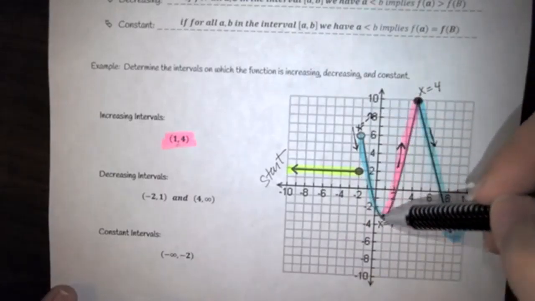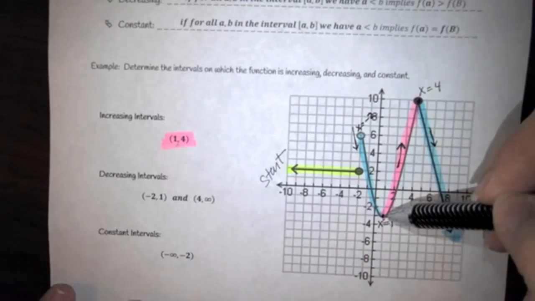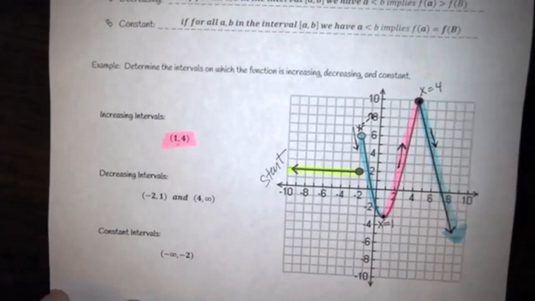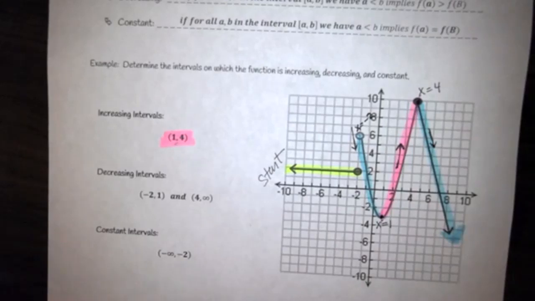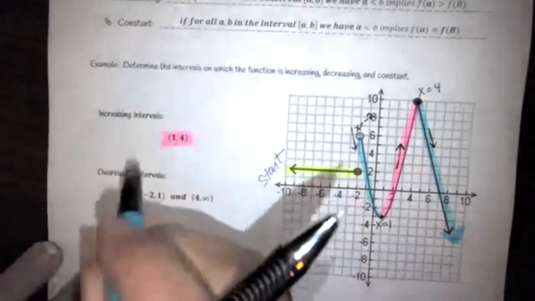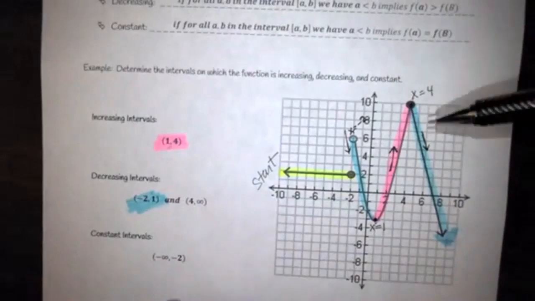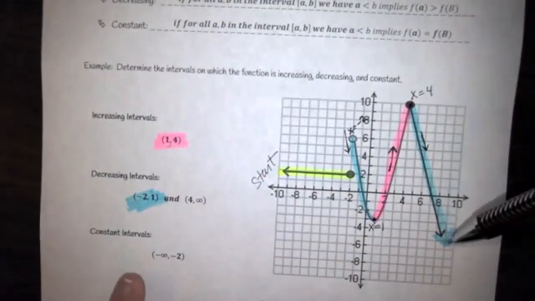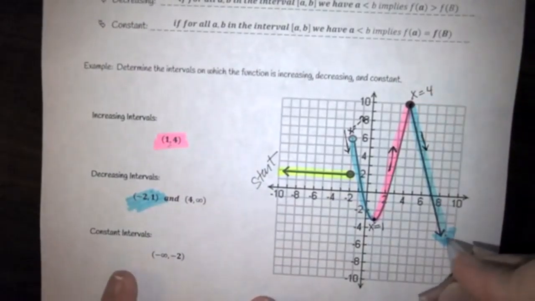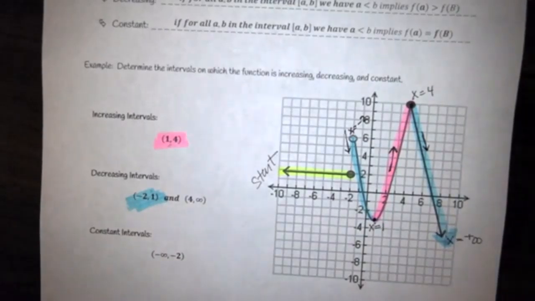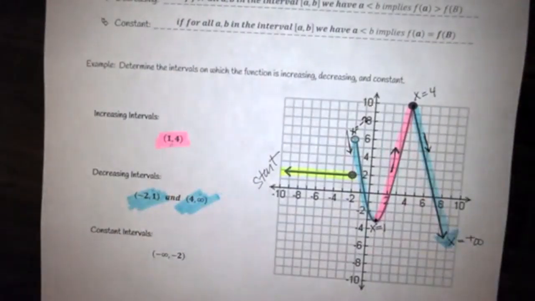Now this is going to travel, of course, down to that change of direction point, which is at 1. So my first interval of decreasing is going to be here at -2 to 1. And then my second one is going to start here at x equals 4, and the arrow down here tells us that we are looking at x being positive infinity. So that makes this my second decreasing interval. And since we have to write these as interval notation, we do just that.